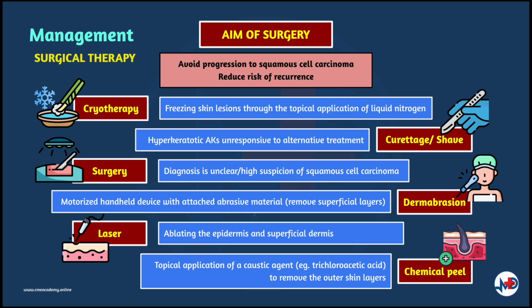Surgical removal is done if diagnosis is unclear or there is high suspicion of squamous cell carcinoma. Dermabrasion requires a motorized handheld device with attached abrasive material to remove the superficial skin layers. Laser ablates the epidermis and superficial dermis, while chemical peels use topical application of a caustic agent such as trichloroacetic acid to remove the outer skin layers to desirable depths.